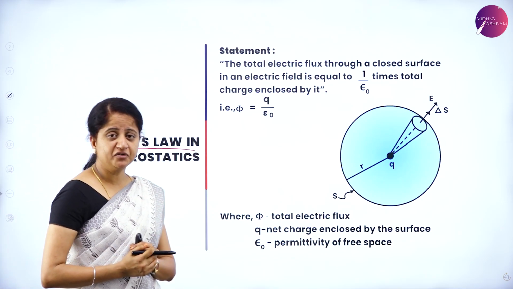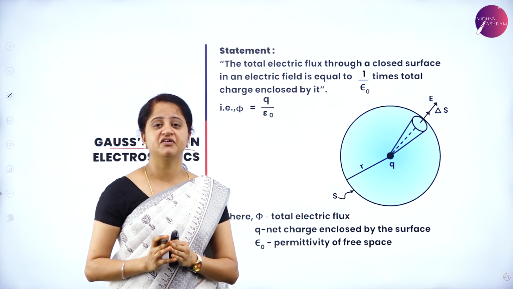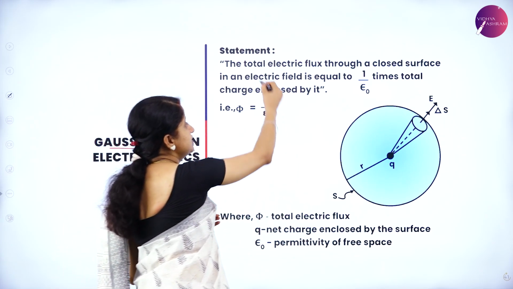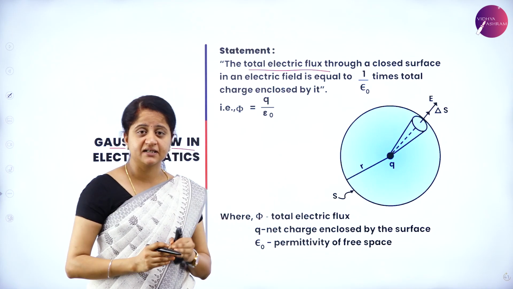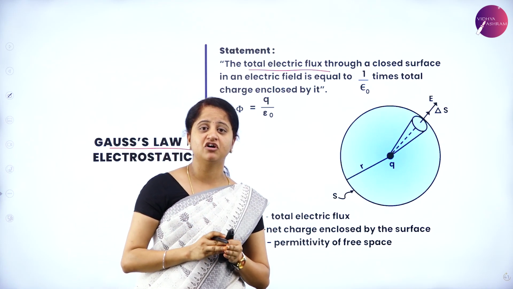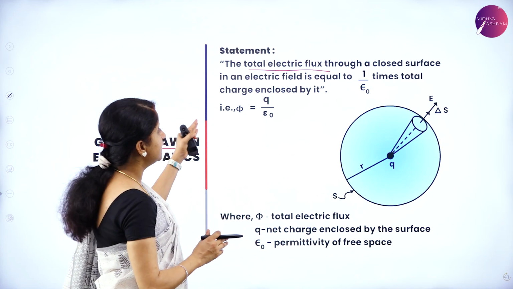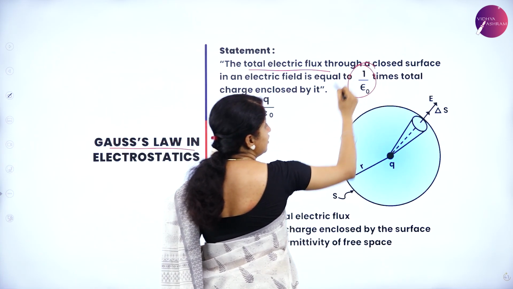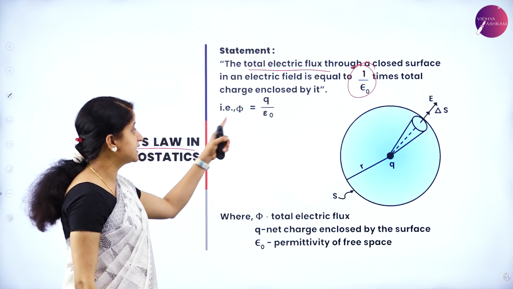So it's very important to know what is Gauss law and how it is different from Coulomb's law in electrostatics. So the statement of Gauss law says that the total electric flux, we all know what is electric flux, it is the number of field lines passing normally through a surface. So the total electric flux through a closed surface is equal to 1 by epsilon naught times the total charge enclosed by it.